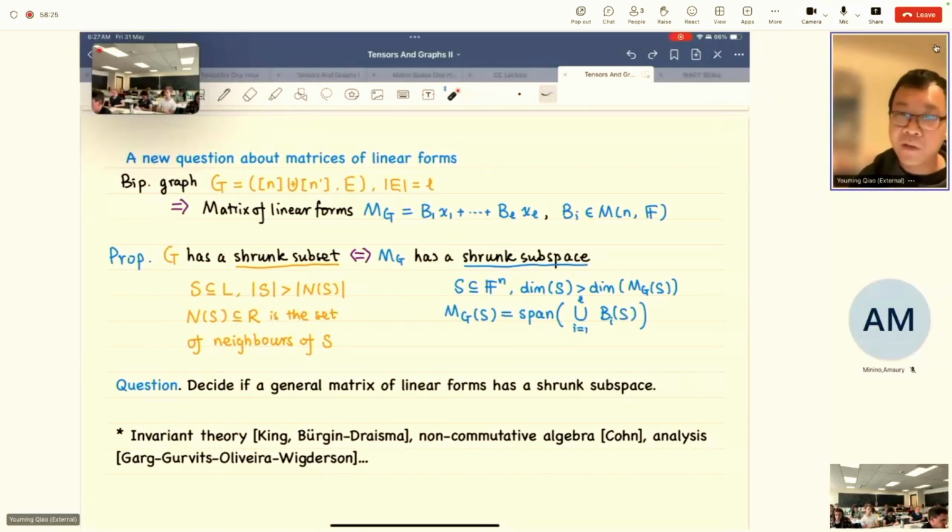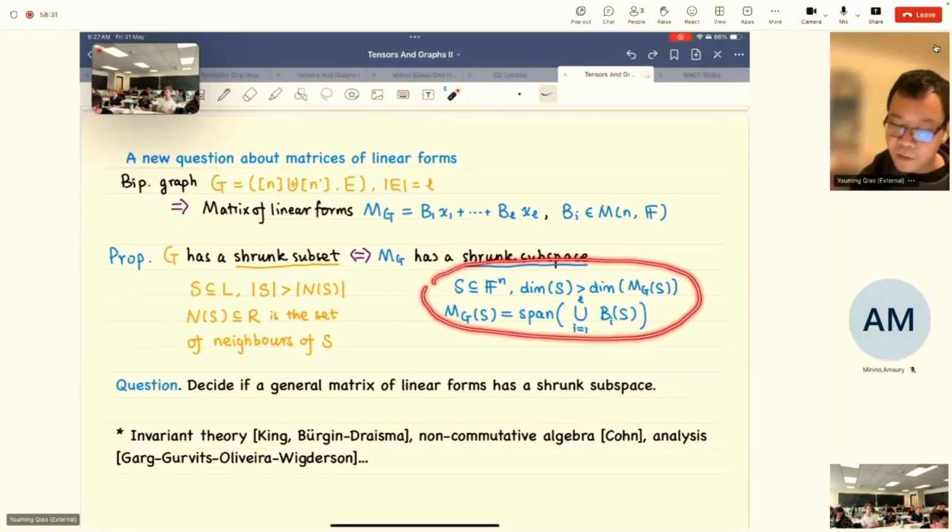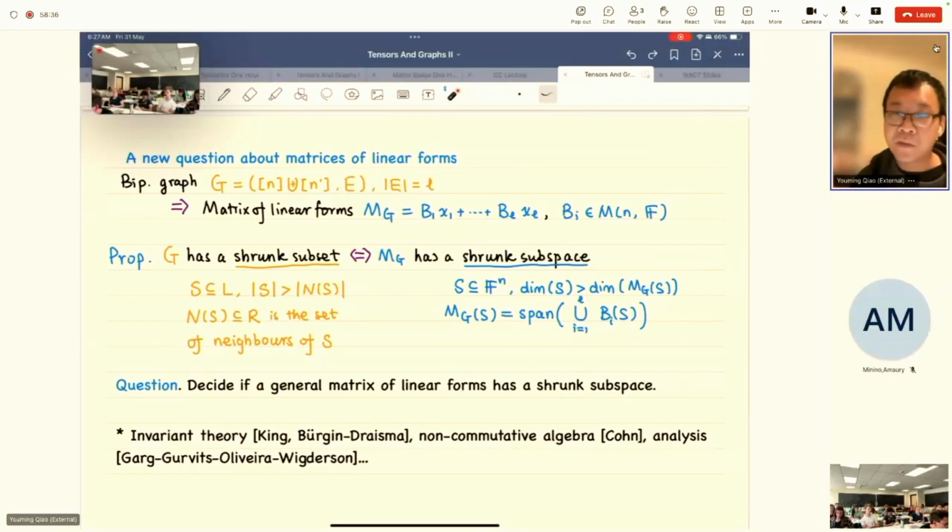So it's a pretty funny structure. If you look at the definition of strong subspaces, it's quite basic linear algebra. But it turns out to have relations with several branches of mathematics, like invariant theory, non-commutative algebra, analysis, and so on.